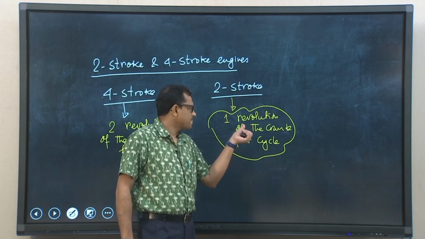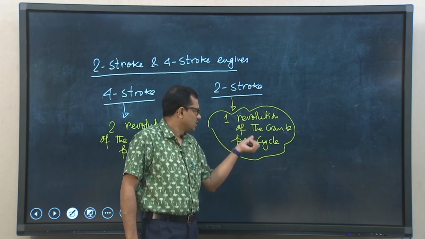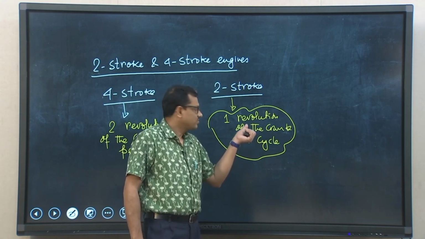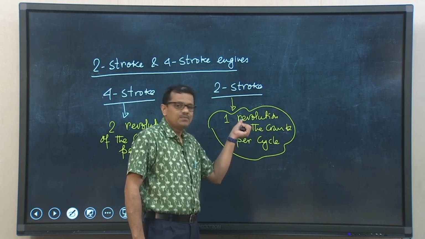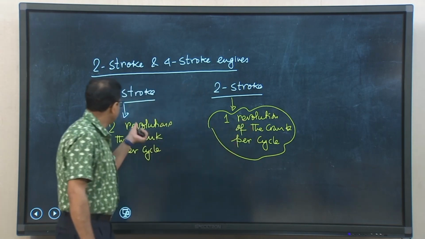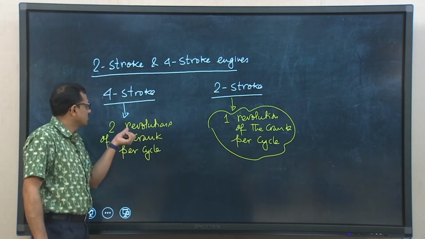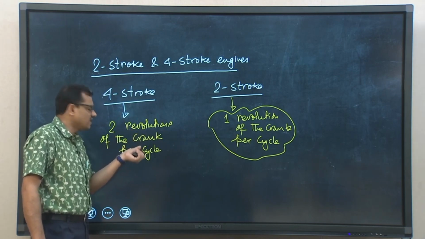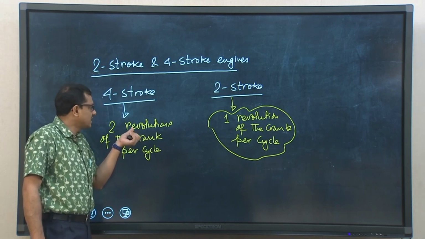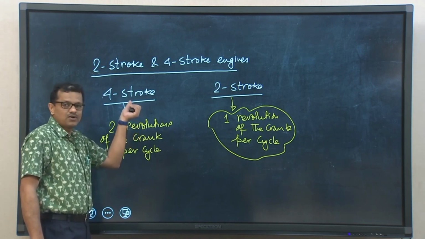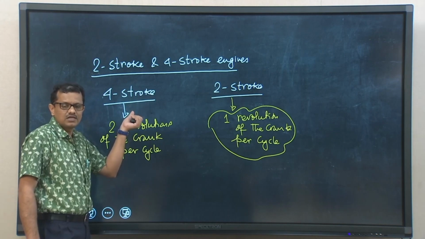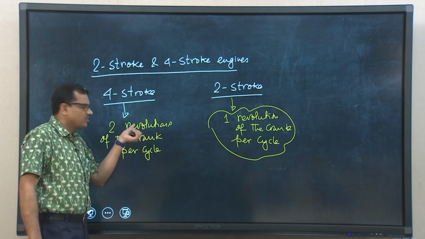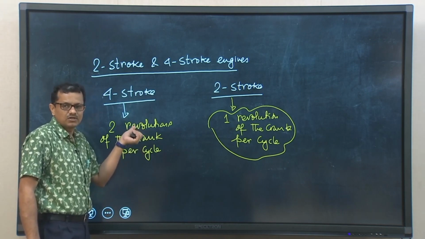So, 1 power stroke per revolution and 1 revolution per cycle. So, that means in a cycle 1 power stroke is there, while if we consider 4-stroke cycle engines, 2 revolutions of the crank, and out of these 4 different strokes, 1 is the power stroke, remaining 3 strokes are the idle strokes. So, for 2 revolutions only 1 power stroke.